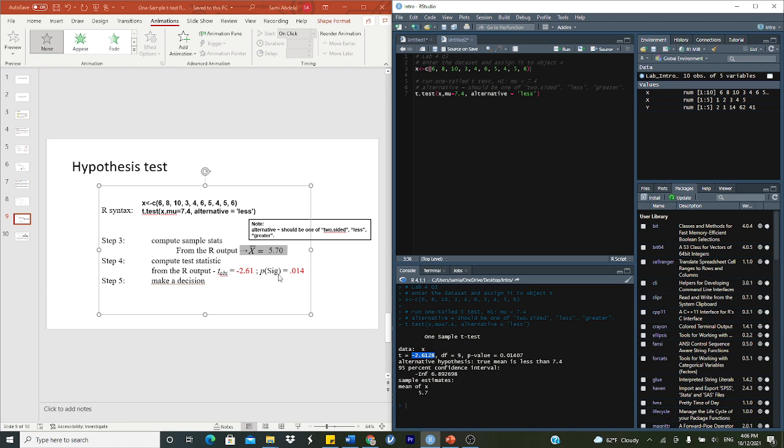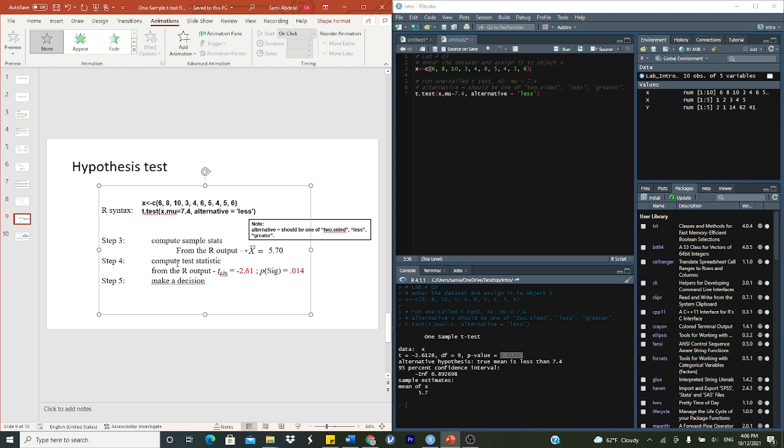And then our p-value is right over here, 0.01407. I would go to the thousandths place over here. .014, I guess, says a little bit more than .01, but you can also just enter .01407 just to be safe.